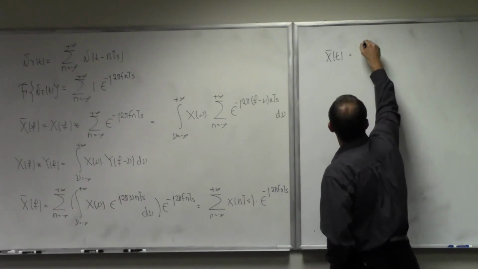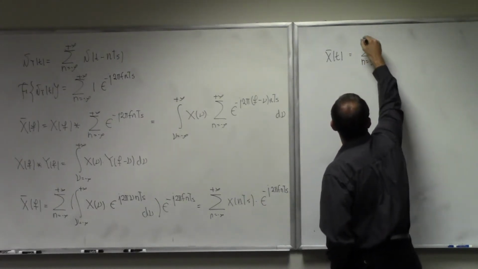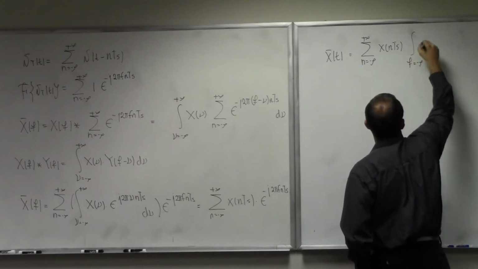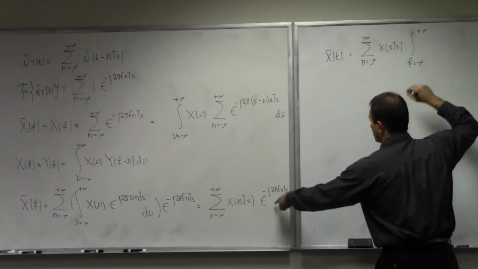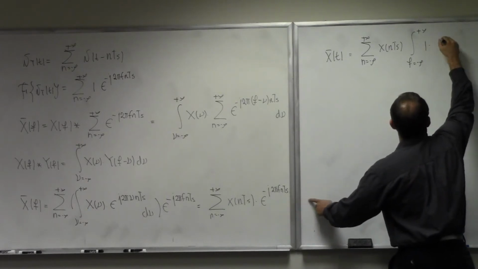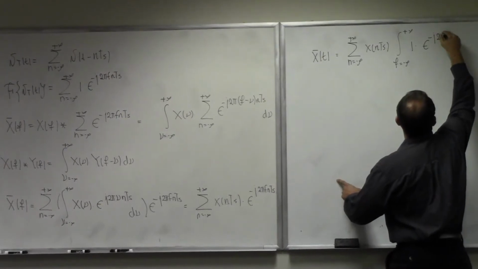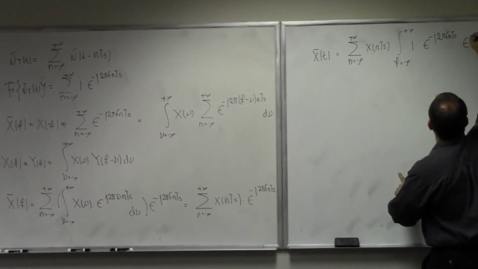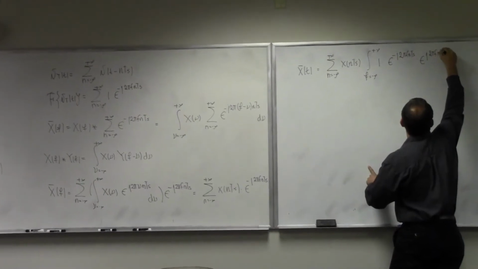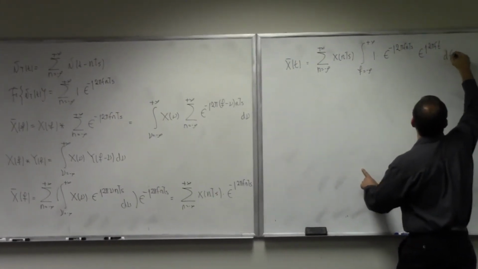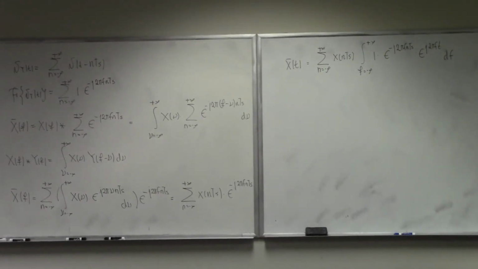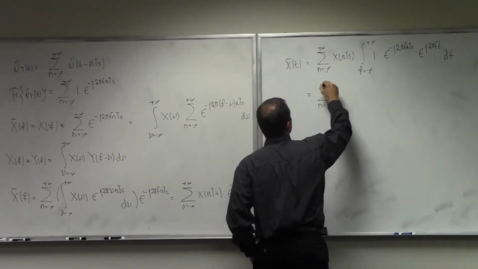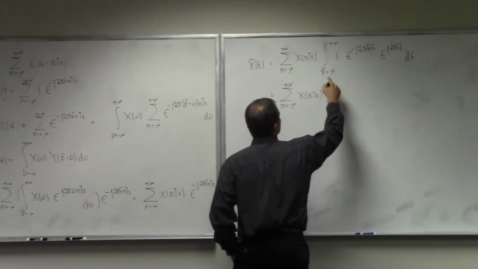So this becomes the sum, n from minus infinity to plus infinity, of x of n Ts, and then the integral, f from minus infinity to plus infinity, of e to the minus j 2 pi f n Ts times e to the j 2 pi f t df. Now this needs to somehow become sinc.